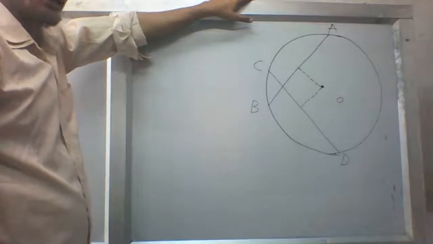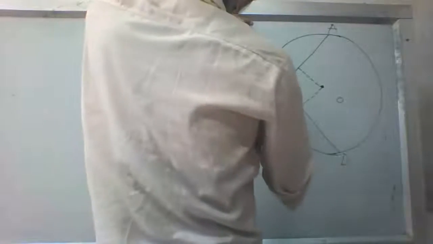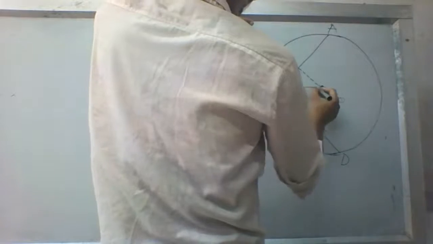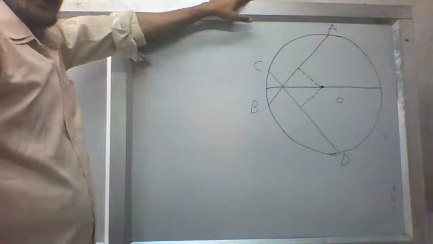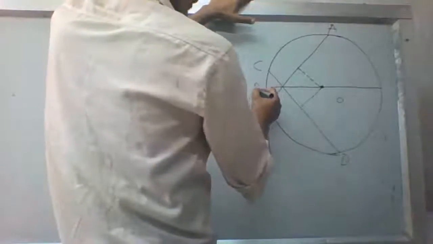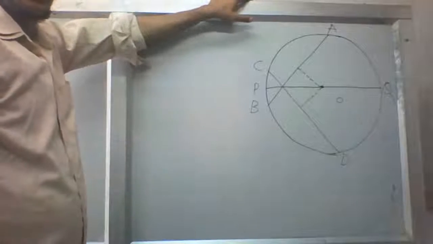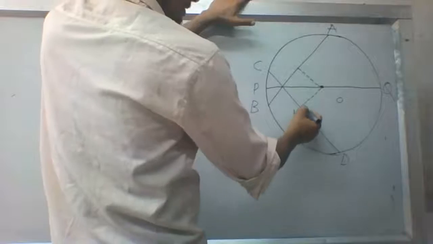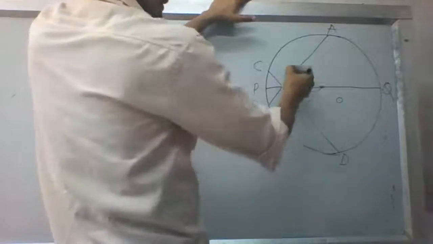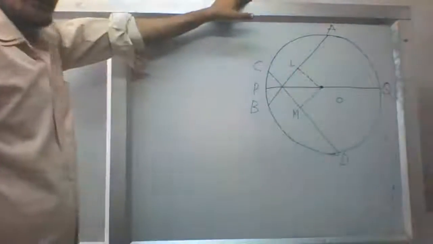Now draw a diameter. The diameter will pass through the center O. So this is a diameter. Name it P and Q. The center is O. M is the midpoint where this is touching, and L where it is touching.